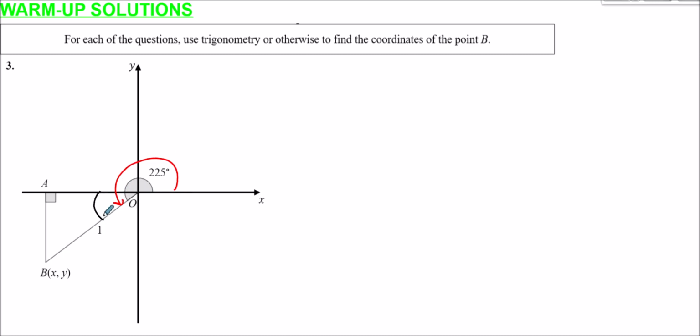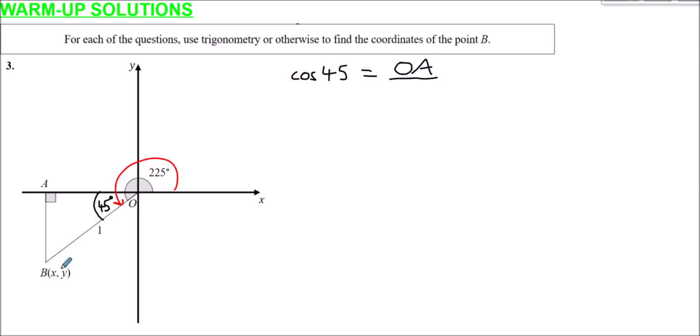In other words, this acute angle here will have a size of 45 degrees. So what we can do here is find the x-coordinate of B. So if we think about the cosine of 45, cos 45 will equal the adjacent side, which is from A to O, or from O to A if you prefer, divided by the hypotenuse, which once again is 1.